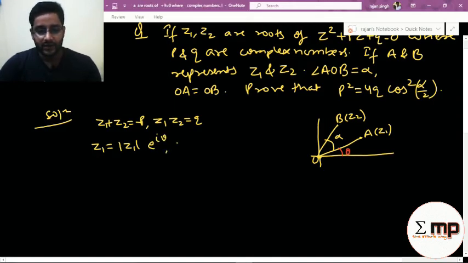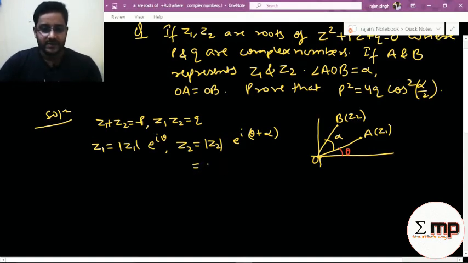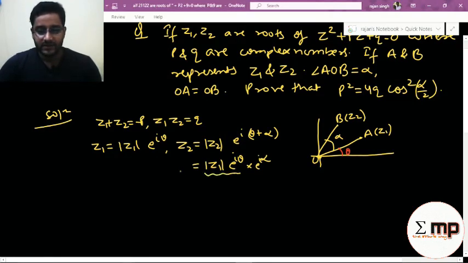Similarly, z2 will be mod z2, which is OB, e to the power iota (theta plus alpha). Mod z2 is also mod z1 because lengths OA and OB are equal. Separating these two, e to the power iota alpha. So z2 is coming as z1 e to the power iota alpha.